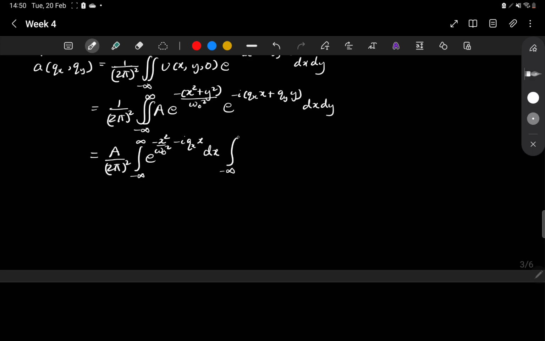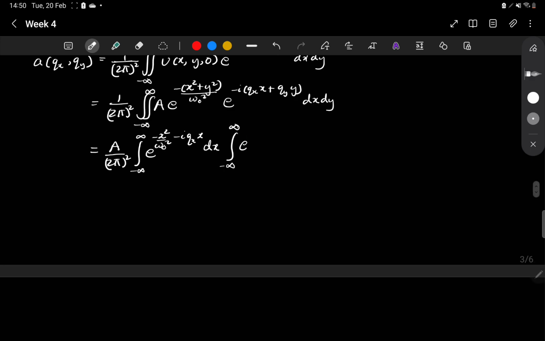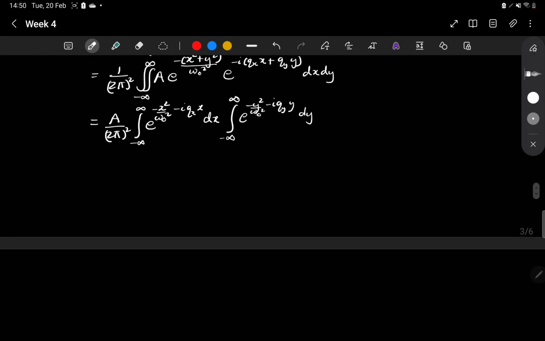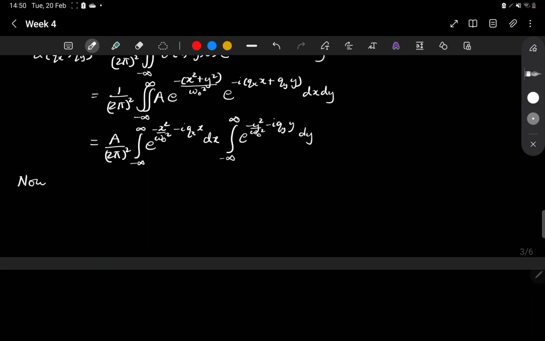So the integrals are separable in x and y coordinates. This is the Gaussian integral, the value of the integral.